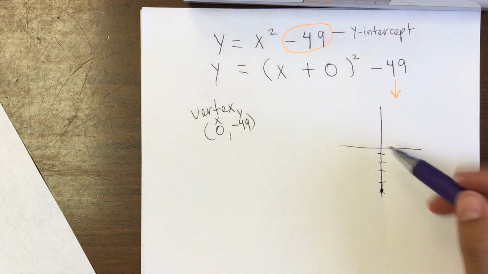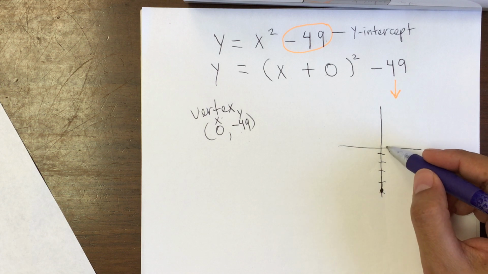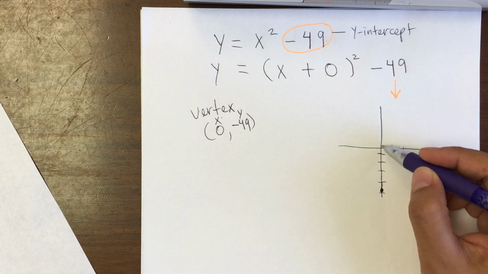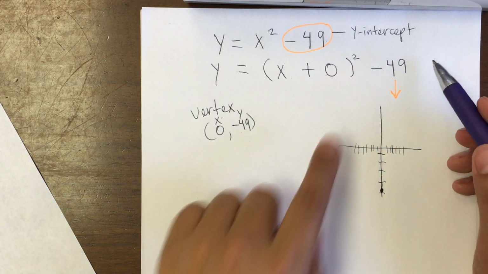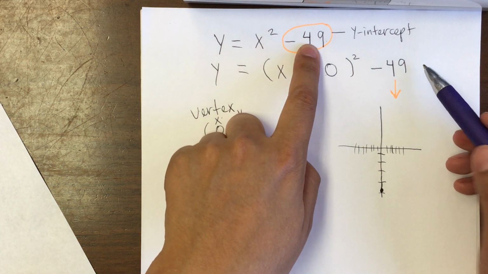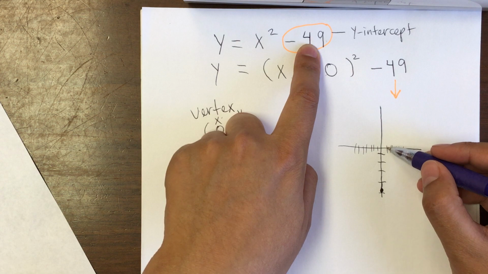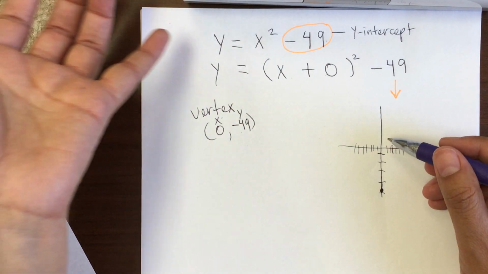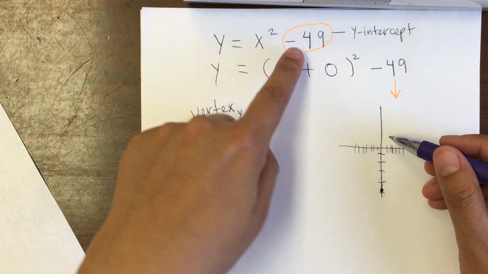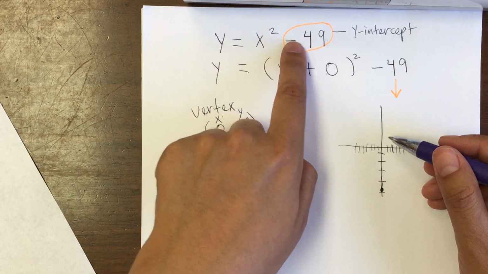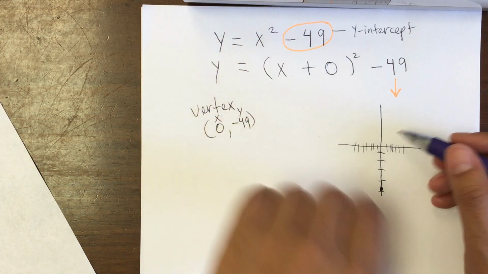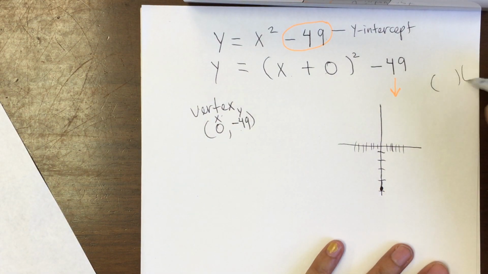So for this case, I would need my x-intercepts to be able to graph this. You know that it's one positive and one negative of 7, right? Because of what we learned previously, that when we have the difference of two perfect squares, we say that we have one positive and one negative.